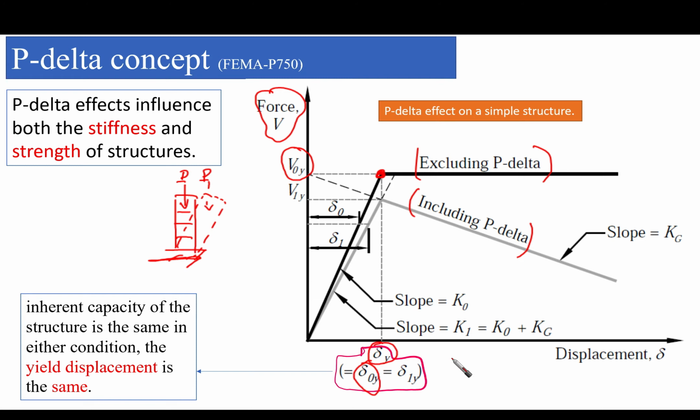You can put it like this: delta yield, it is okay, or delta node yield. Both are okay, and I'm going to explain why we put them like this. But anyway, this is the delta yield, which is the displacement corresponding to the base yield base shear.